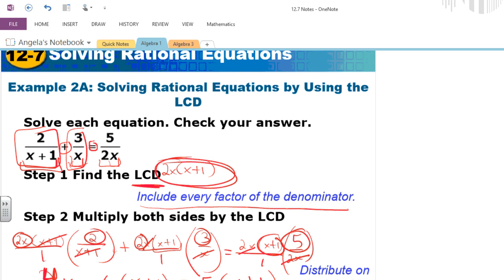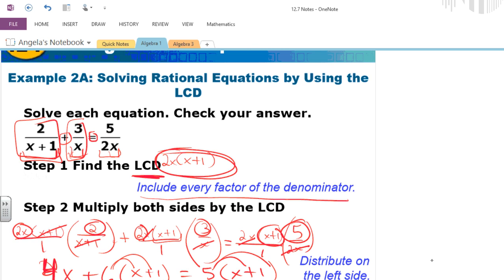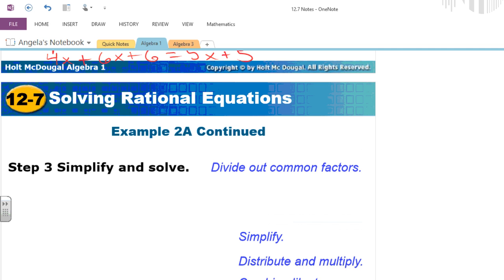Now I'm going to distribute. So this becomes 6x plus 6 equals 5x plus 5. Okay? That makes life a lot easier because if I recopy that, 4x plus 6x plus 6 equals 5x plus 5.